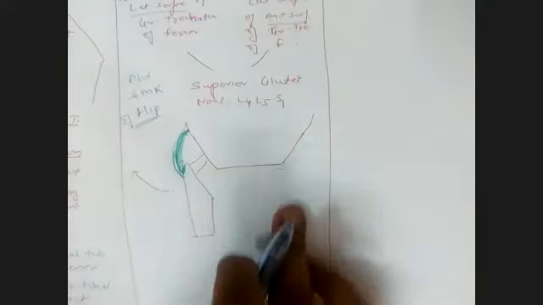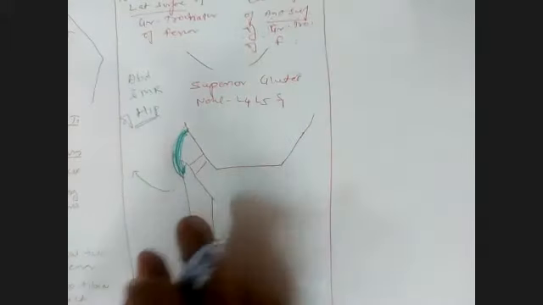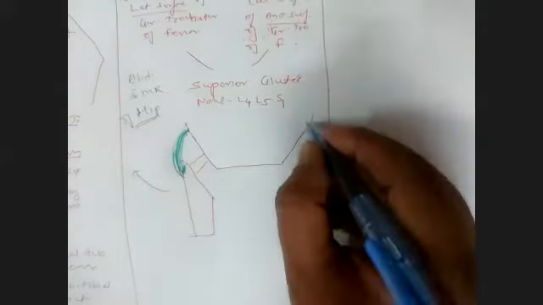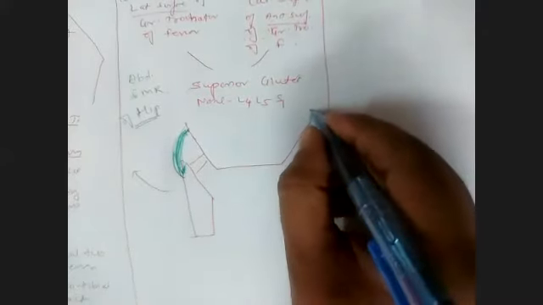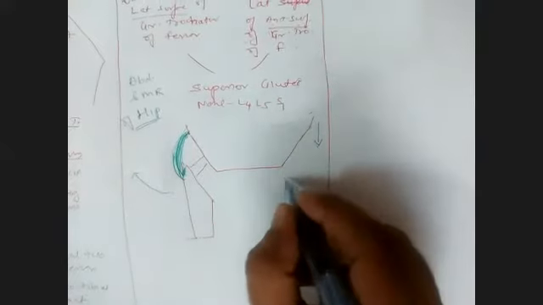Now, when the opposite foot is on the ground, it causes abduction. But when the opposite foot is off the ground and this foot is on the ground, there is a tendency for the pelvis to sag down because the opposite foot is now up.